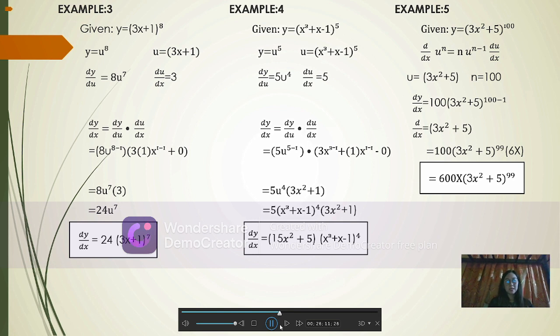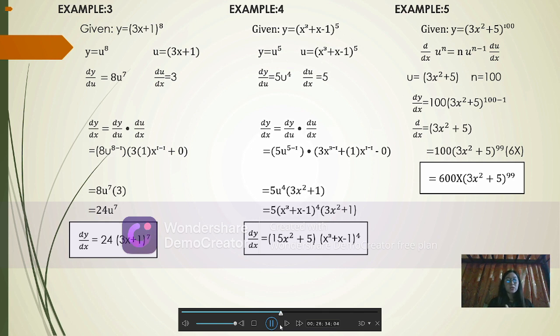So, yung dy over du natin is 8u to the 7th power. Bakit siya ulit naging 7? Kasi nag-minus tayo ng 1. So, du over dx natin is 3. So, kunin na lang ulit natin kung ano yung nasa u. So, which is 3x plus 1.